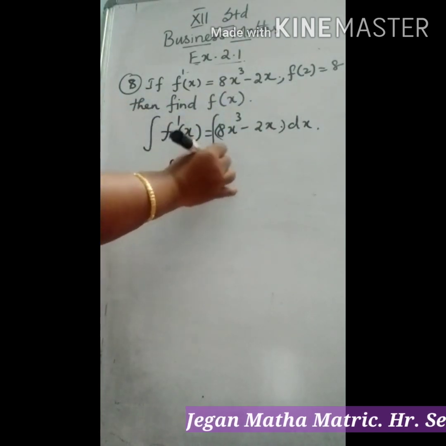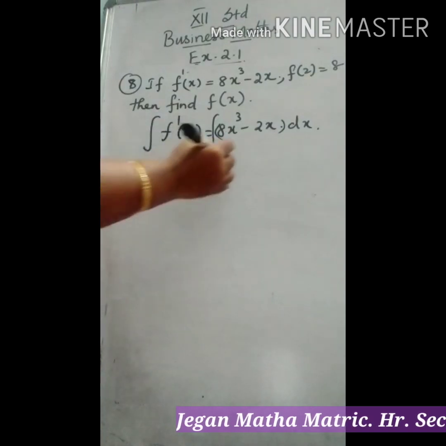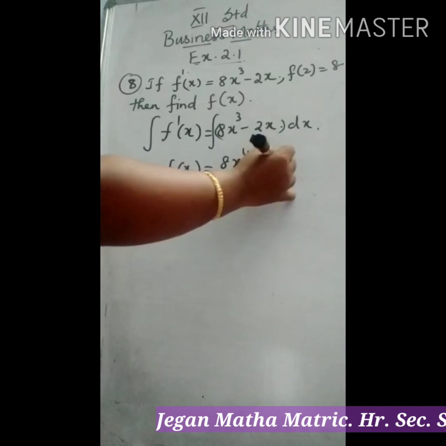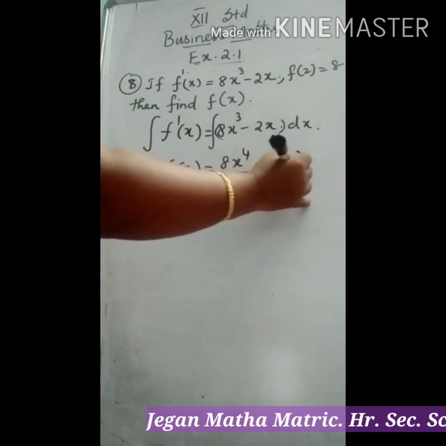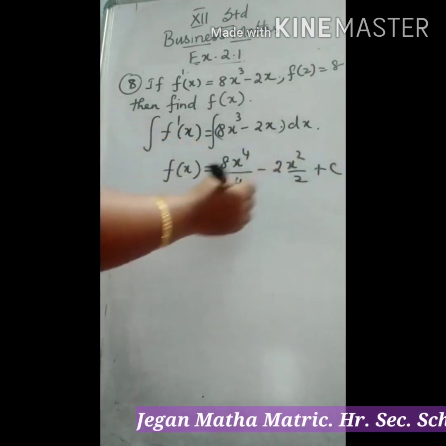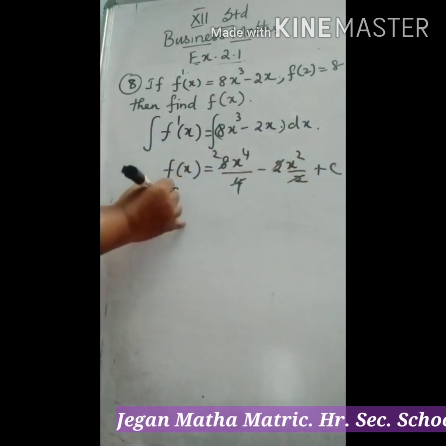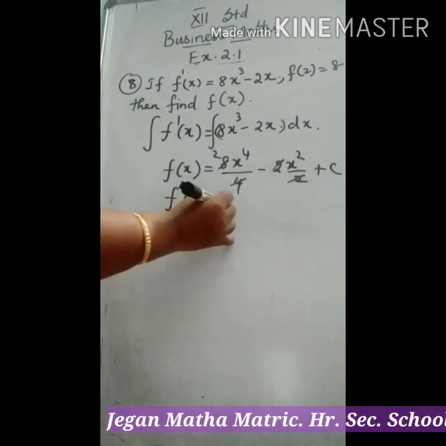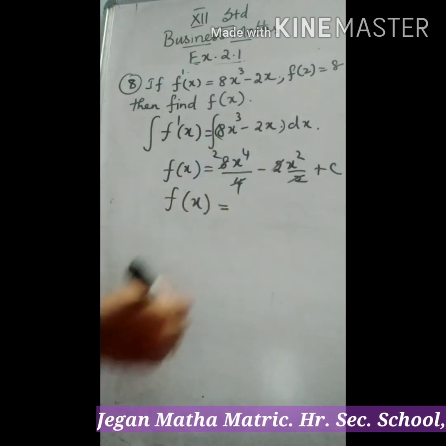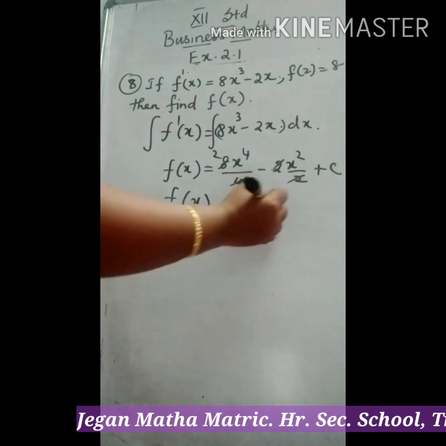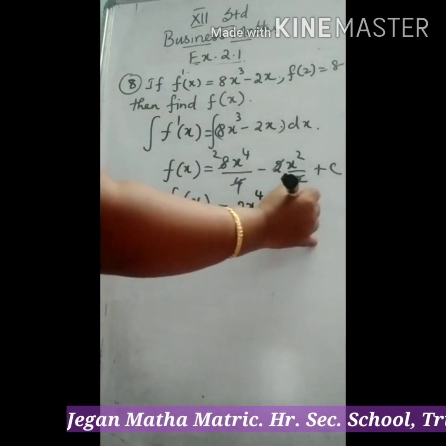f of x is equal to 8x to the power 4 divided by 4, minus 2 into x squared by 2, plus c. So 4 2s are 8, here 2 cancel. So what is the answer for f of x? f of x is equal to 2x to the power 4 minus x square plus c.